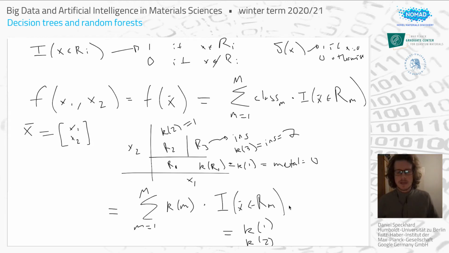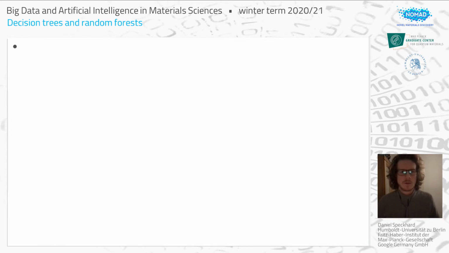I didn't explain yet how we come up with these. So how do we come up with our class estimates for each region? Let's open up a new frame here. What does our tree do? Our tree model comes up with regions, R1, R2, R3, R4, and then it assigns classes for each region.